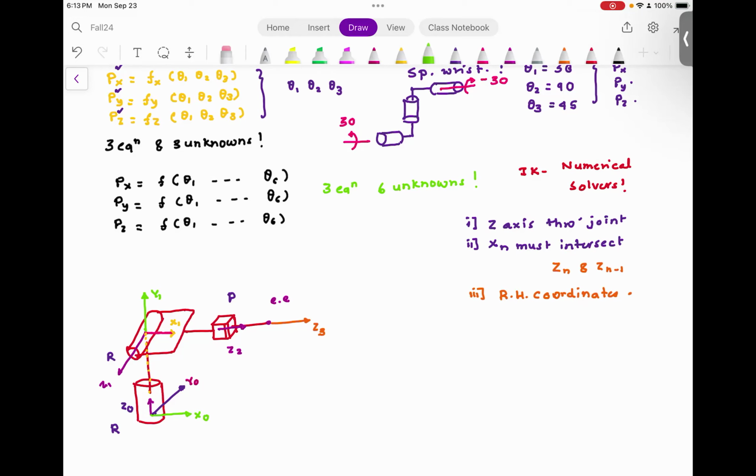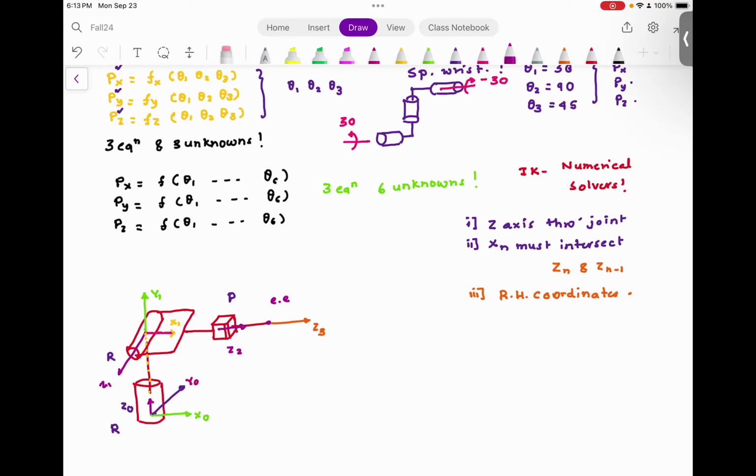If I draw it vertical, still it's going to be parallel to Z1. Just think about it. Where would you draw your X2? Okay, let me draw this again.